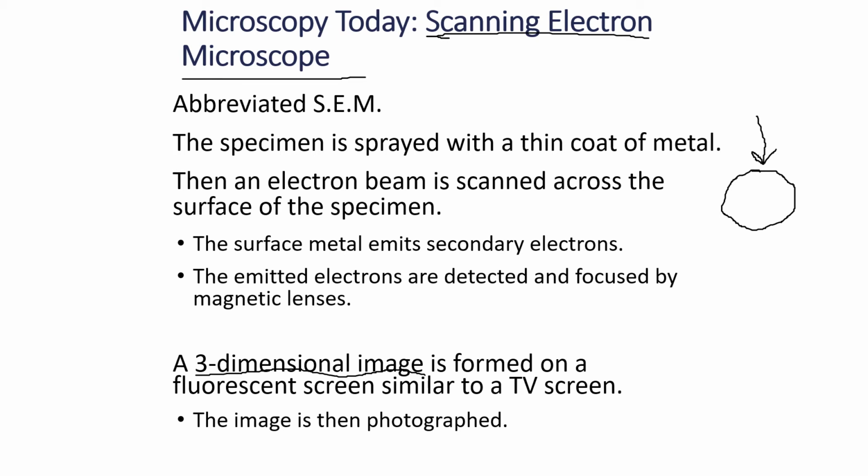And you can pseudo color those images, and so when you see like the compound bug eye, that is typically with a scanning electron microscope. So scanning electron microscope is used for cell surfaces, and you can see larger things in extreme detail, like bug eyes and things like that.